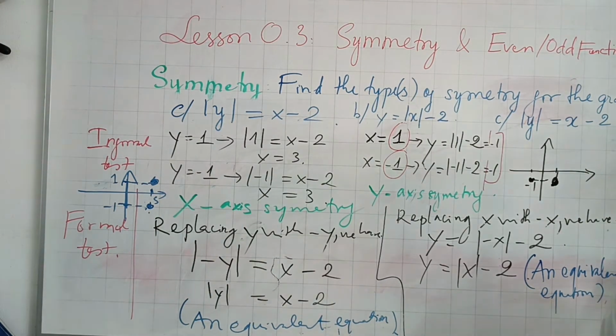Okay, this is the first part of our lesson today about symmetry. We have 3 types of symmetry: the y-axis symmetry, the x-axis symmetry, and the origin symmetry. Also, there are special graphs, but almost all our graphs are not symmetric.